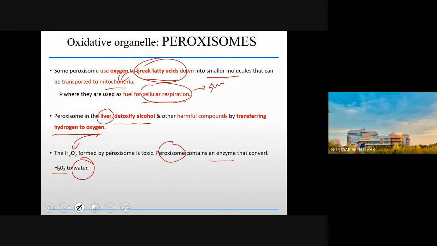Okay, glyoxisome is a specialized peroxisome that is found in plants, if I'm not mistaken, found in seeds of plants. So this glyoxisome contains enzymes that convert stored fat into sugar.